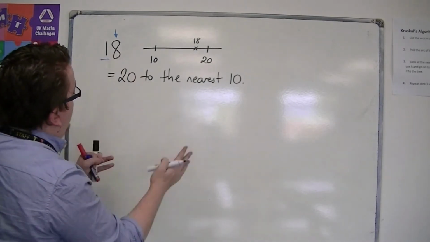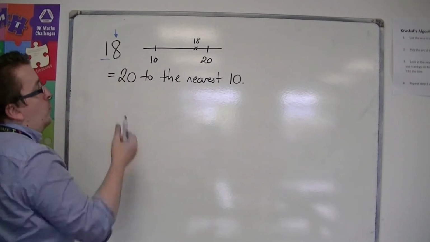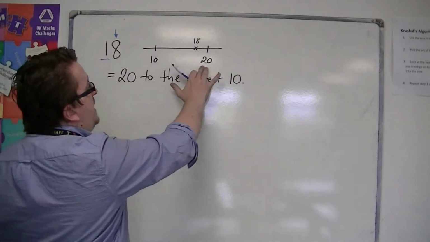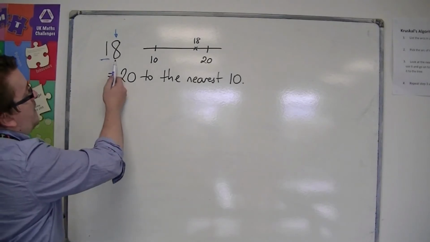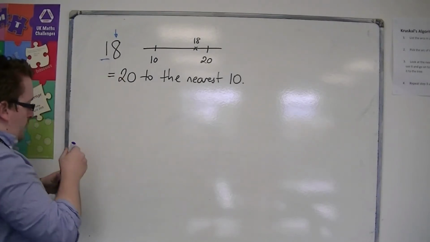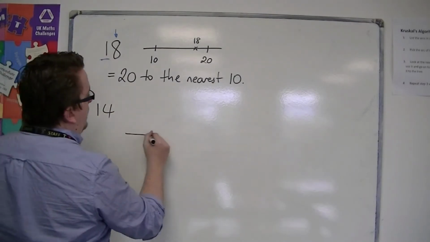Look 1 to the right, and if it is 5 or more, we round it up to the nearer 10, which is 20.